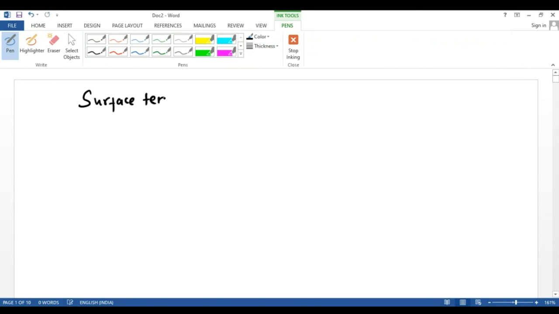surface tension, right? So if you just think of a fluid, this is obviously not a diagram which is to the scale, right?